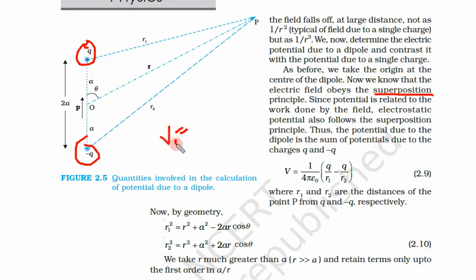Potential due to the positive charge is 1 upon 4 pi epsilon naught, q divided by the distance r1.